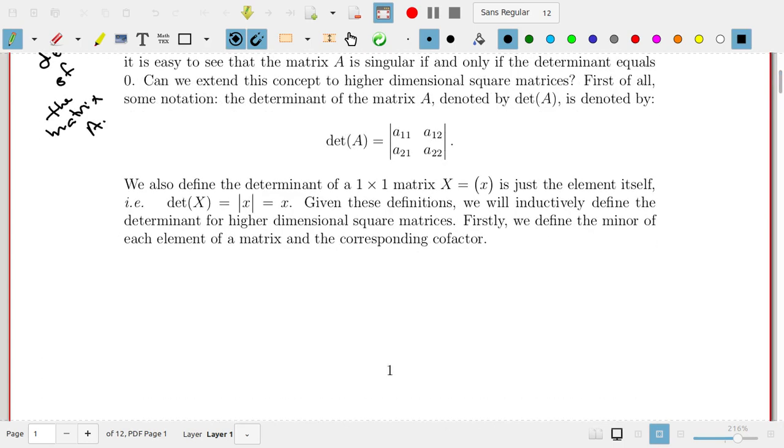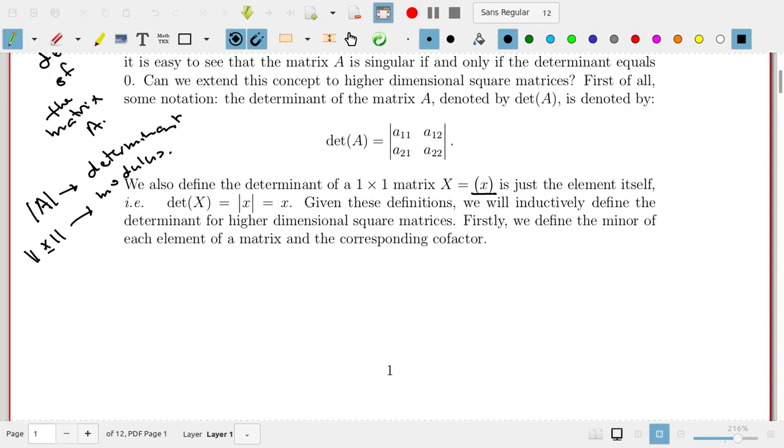Another thing, notice that we use a single vertical bar for the determinant, and double vertical bars for the vector, which means modulus. Don't confuse the two. So for example, if you have a 1 by 1 matrix with just one element x, the determinant is given by single bar x. This is not to be confused with the double bar.